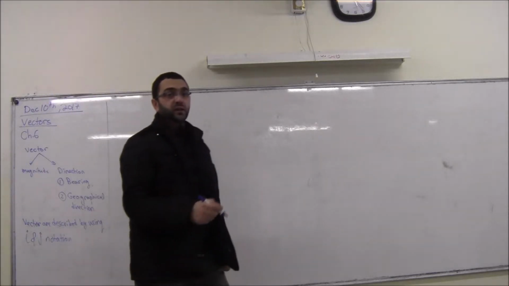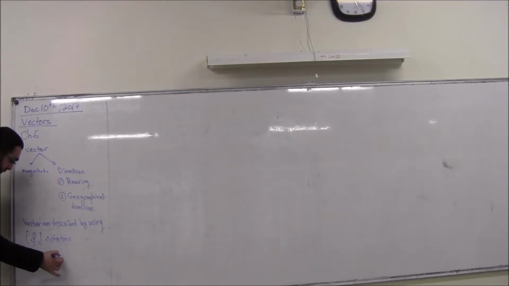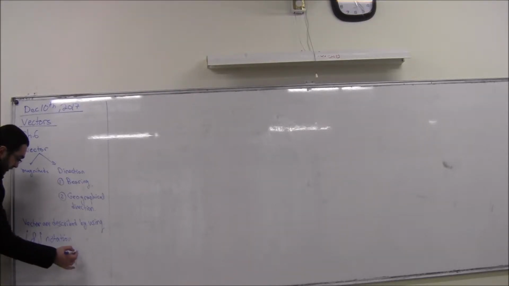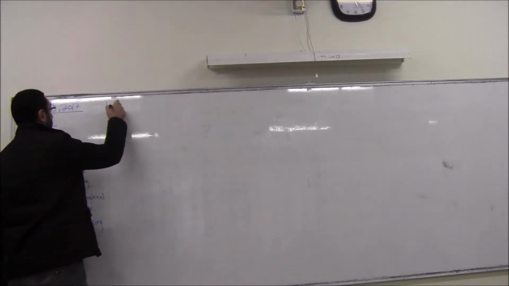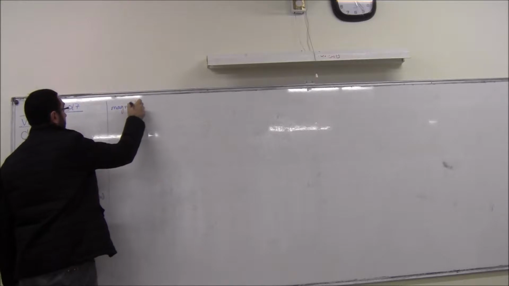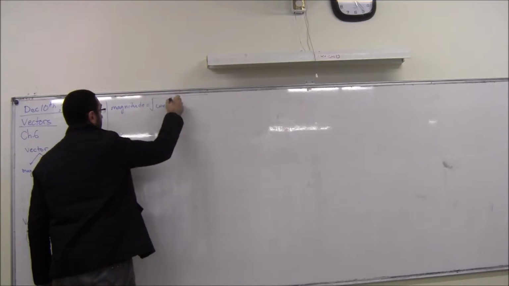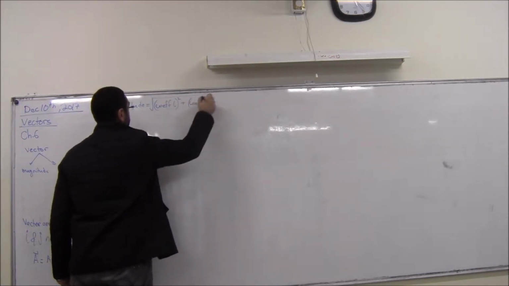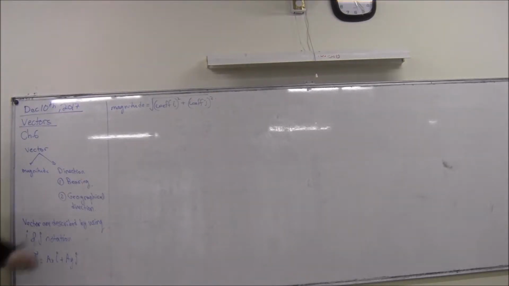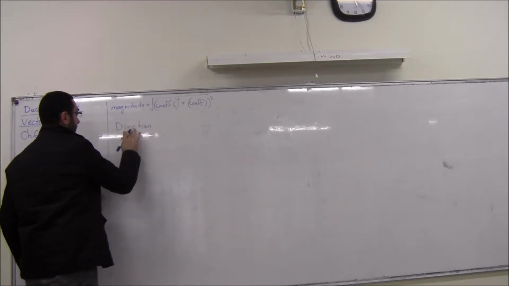Now, if any vector is written in terms of I and J, for example A equals Ax I plus Ay J, we may find magnitude and direction from this notation. Magnitude, if you remember, is the square root of the coefficient of I squared plus the coefficient of J squared. And if you'd like to find the direction, regularly we are asked to find the direction as bearing, right?